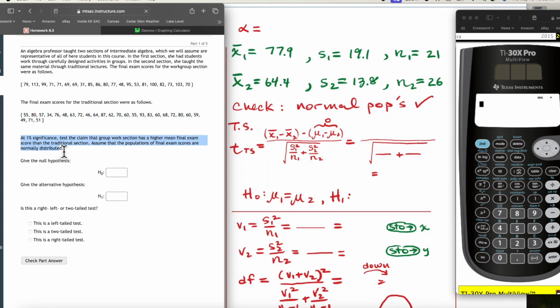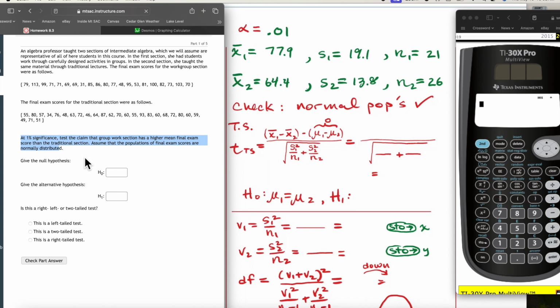Oh, okay, so alpha is 0.01. Tests claim that the group with the group work section had a higher mean final exam score than the traditional section, and so that's the first sample, and we'll assume the populations of scores are normally distributed.